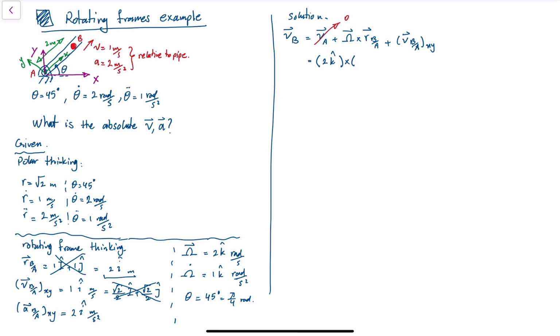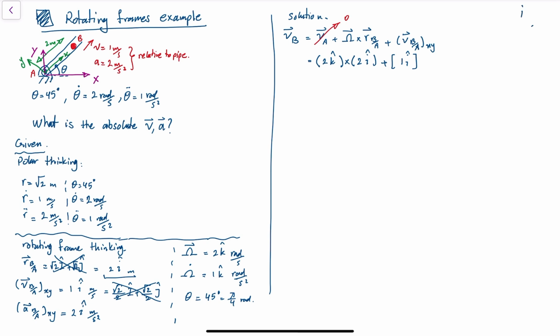I'm just fixing some things. 2j, and we don't need this. Okay, that's better, easier. So this is multiplied by 2 little i, plus my V of B relative to A, which I calculated to be 1i.